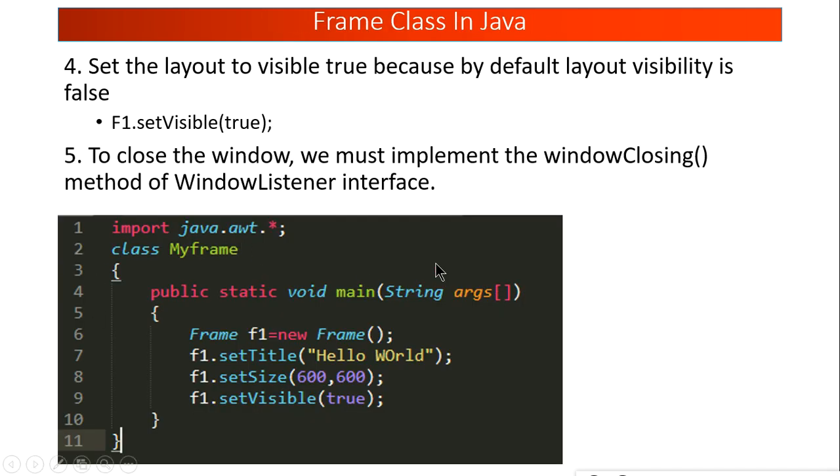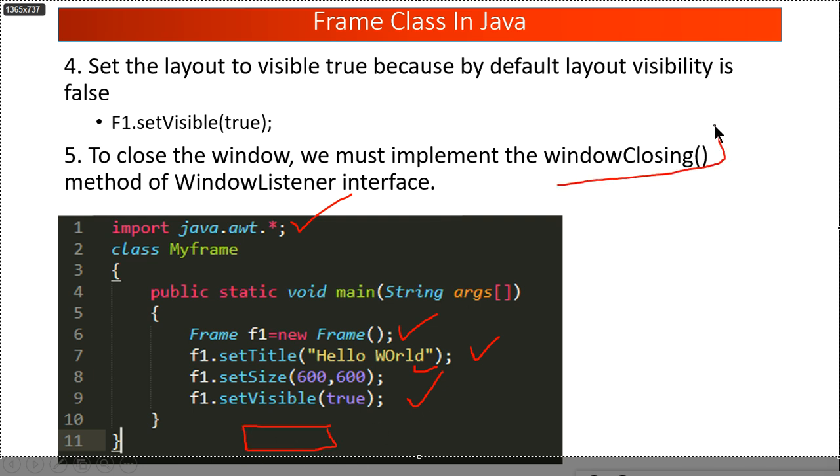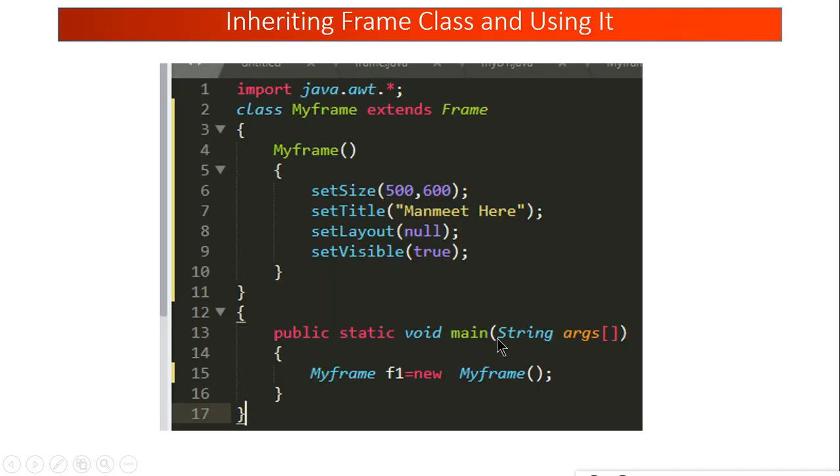So step 1, I have imported the AWT package. Step 2, I have created the object. Step 3, set title, set size, set visible. I have not closed the window because I told you that to do this you have to use the window closing method, so we will not be doing that. Okay. So you can use these steps, or you can inherit the frame class as well, like this one.